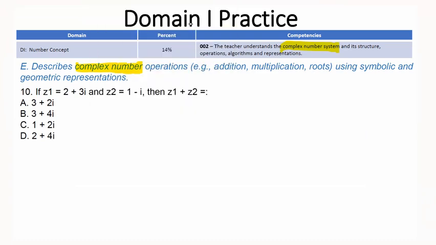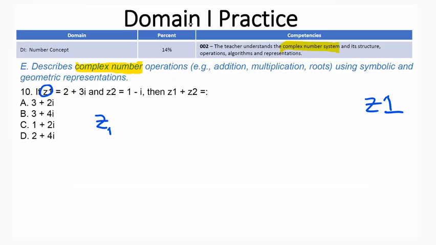Let's continue. So, if z sub 1, take note about this. z sub 1, like this. This is not z1. It's not like that. It's z sub 1. It's just my computer did not recognize this.